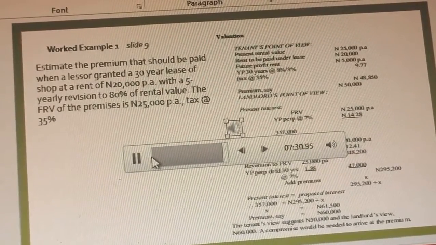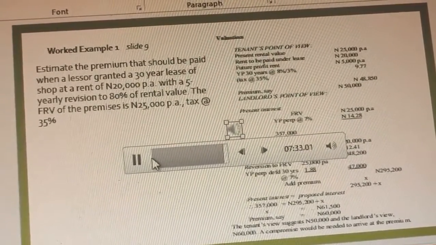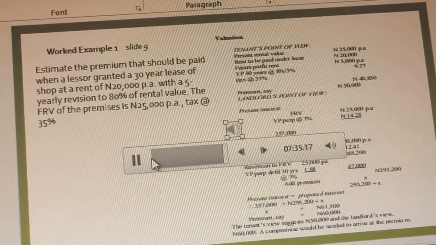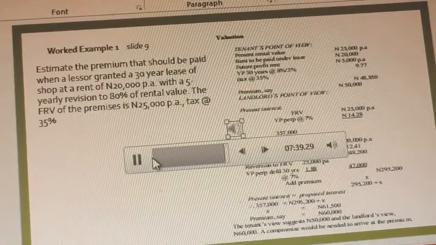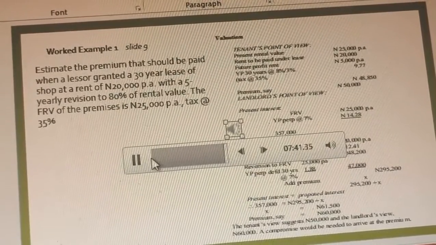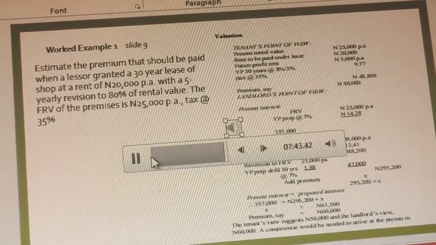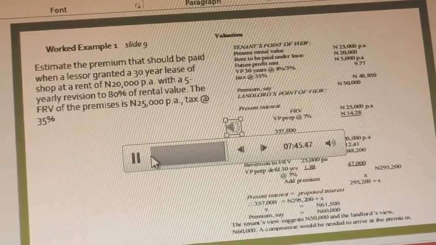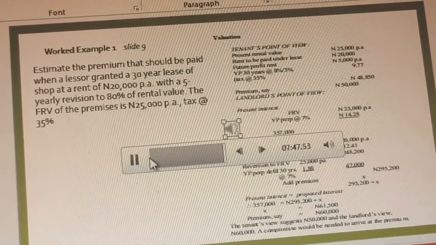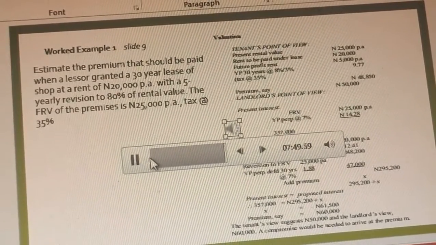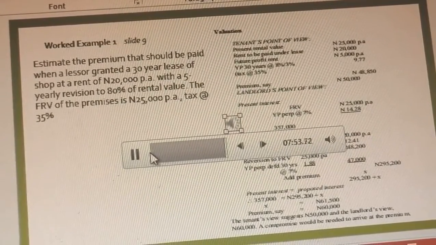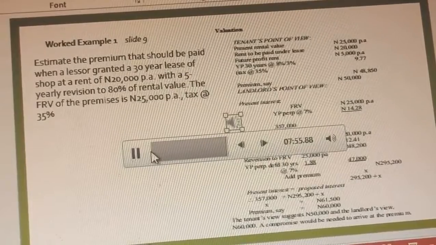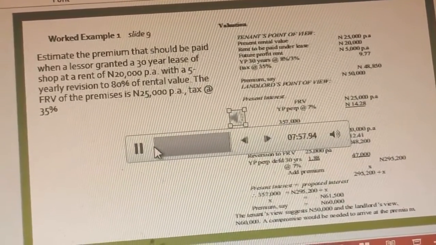Because his present interest is that he can get 25,000 in perpetuity. He's only limited in his proposed interest on account of the 30-year lease which is granted to the lessee. So please look at this example. It's a very basic and simple example, and that will foster a further understanding of the principles of premium calculation. Thank you.